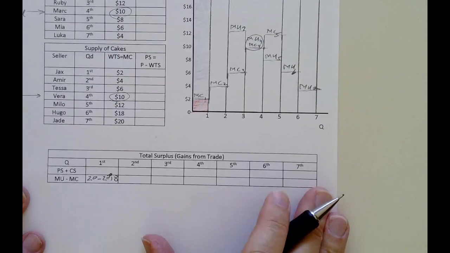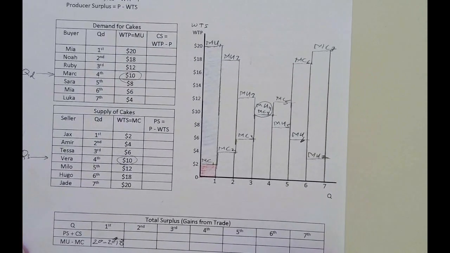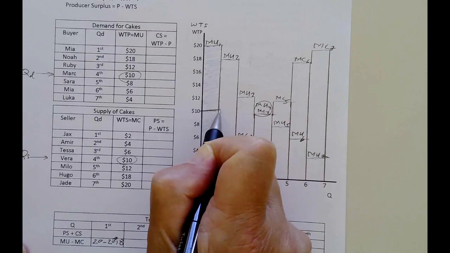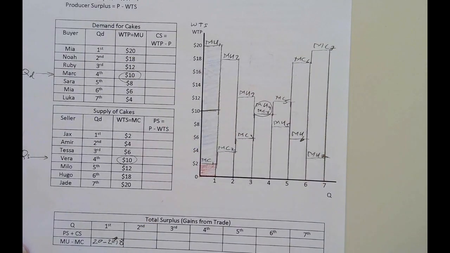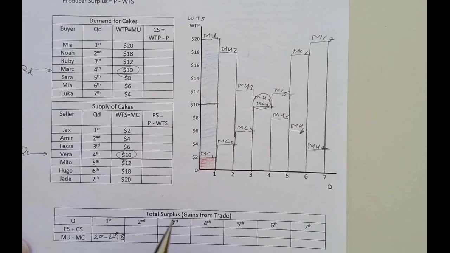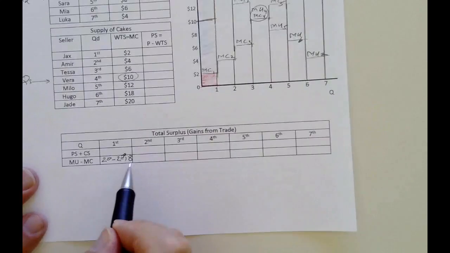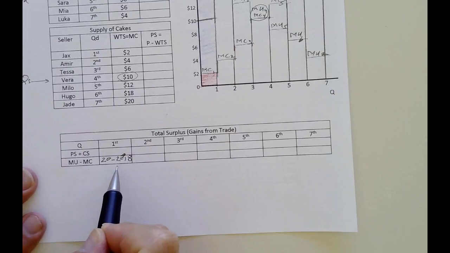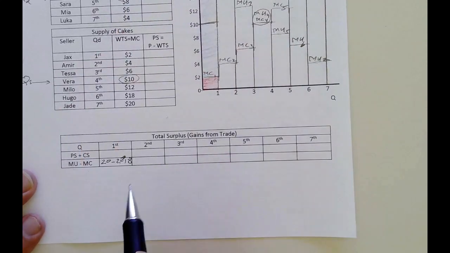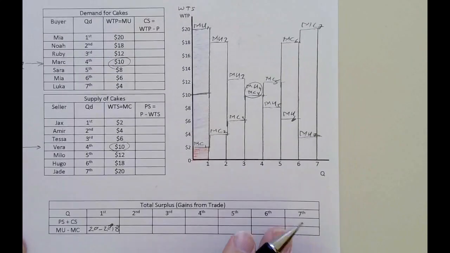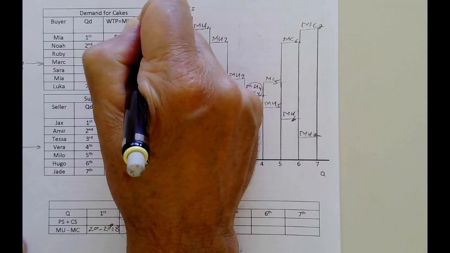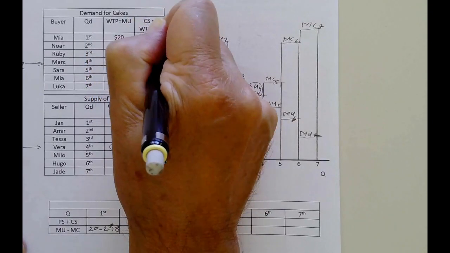We can also measure it by the producer's surplus. Now the price is $10, so that's going to divide where the gains go. Mia doesn't get all $18 of net gain, because even though the cost of baking the cake was only $2, the price was $10. And so Mia does not get all $18. Mia's share would be 20 minus 10, which would be $10.